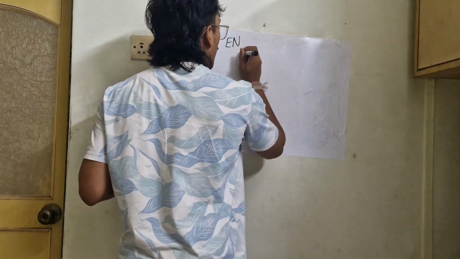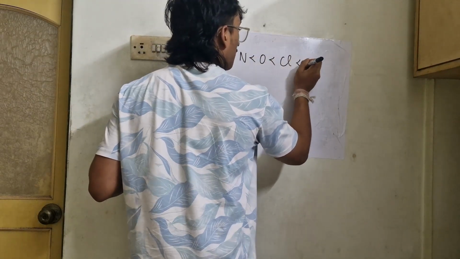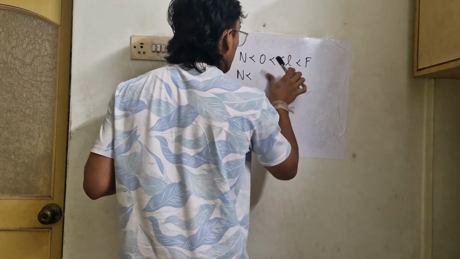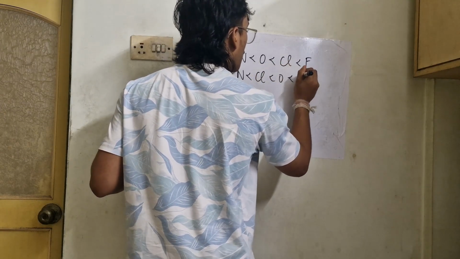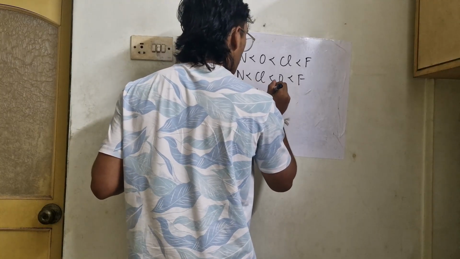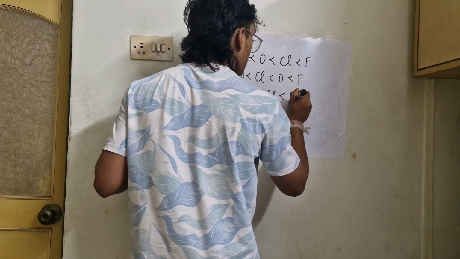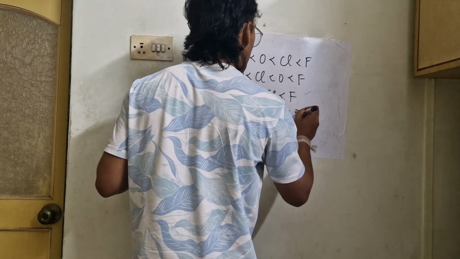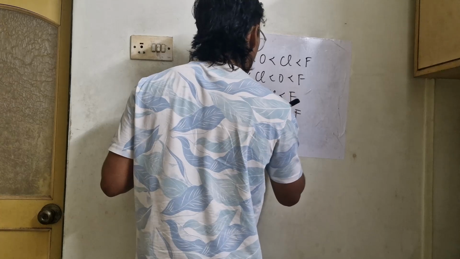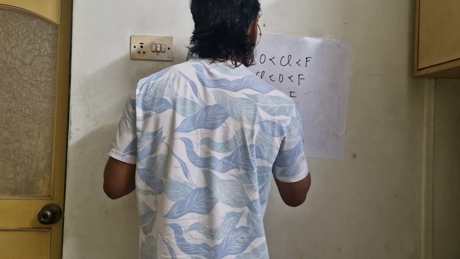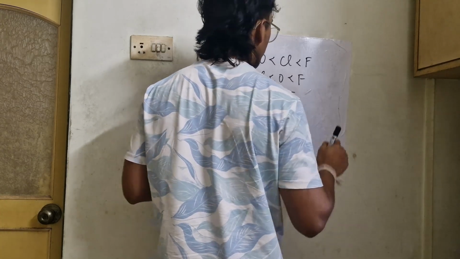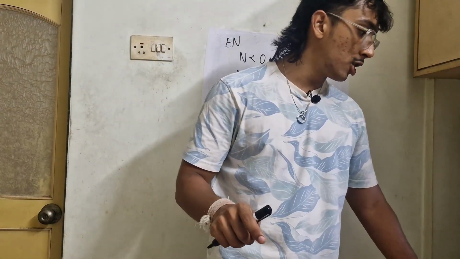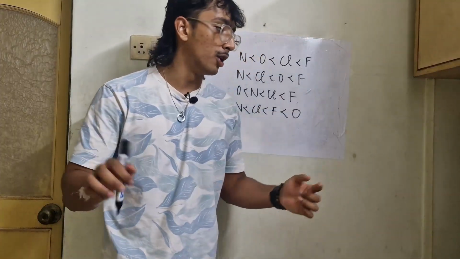Your options are, of course... Arrange this in the increasing order of electronegativity. Again, if you can access the quiz feature, you may answer there or else comment down below.